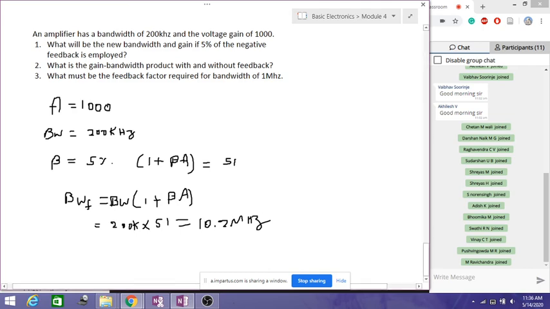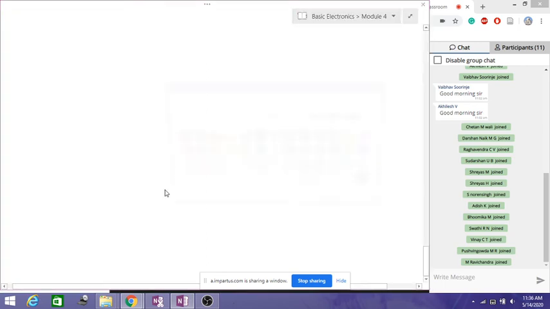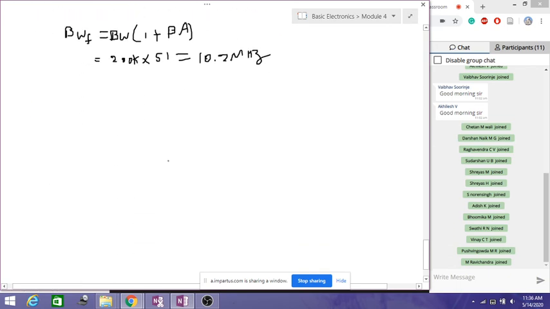Then the second thing we need to find is the gain bandwidth product with and without feedback. If we consider without feedback, then it is just A into the bandwidth.